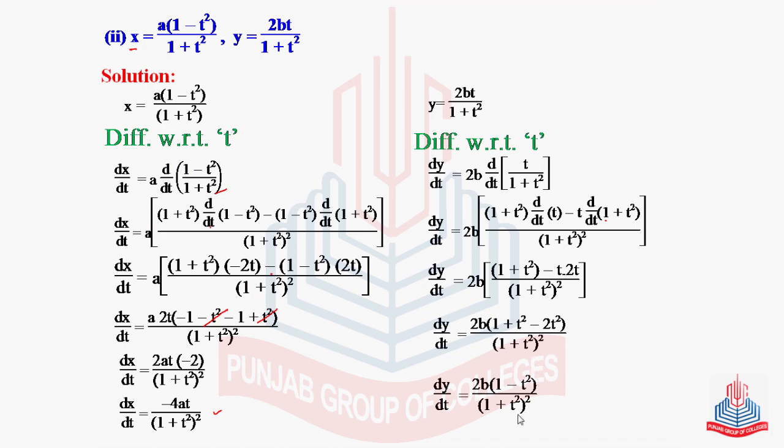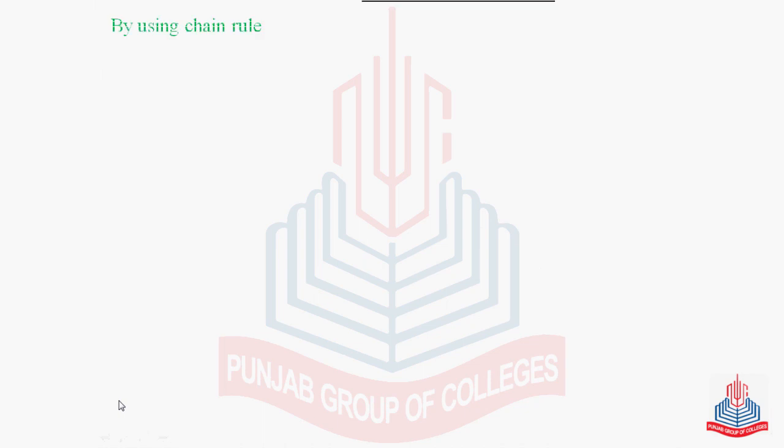So now we have calculated our dy by dt and dx by dt separately, and by using our chain rule we will form our dy by dx. So by using the chain rule, dy by dx is equal to dy by dt times dt by dx.